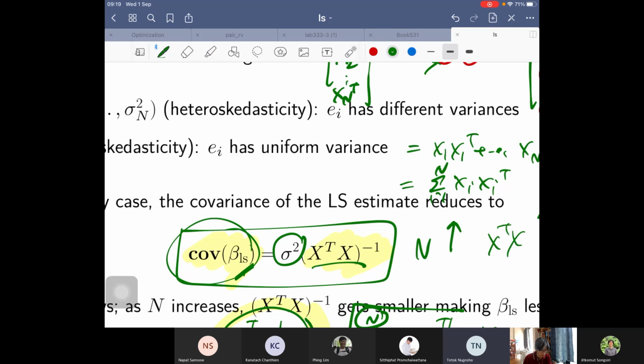Yes. Okay. Does it make sense in terms of statistical learning? It is very intuitive, right? You should exploit all the data set that you have. And it shows here mathematically that when you use more data, the covariance of your beta hat is less.